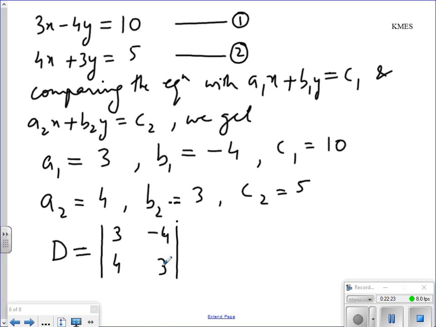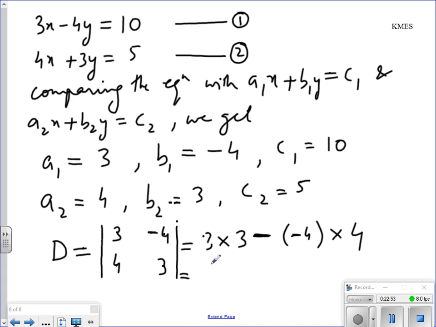Now we already know how to find the value of this determinant, so let us attempt that. So 3 multiplied by 3 minus 4 multiplied by 4. Now don't confuse yourself. This minus here is from the formula, and this minus over here is because we have a minus sign here with 4.